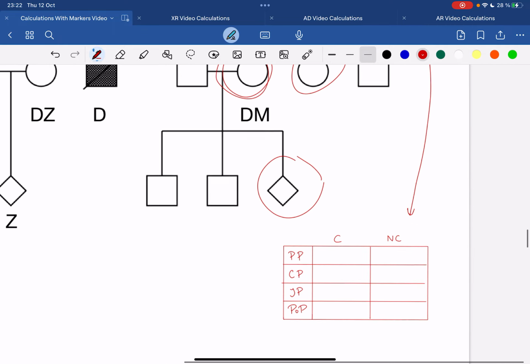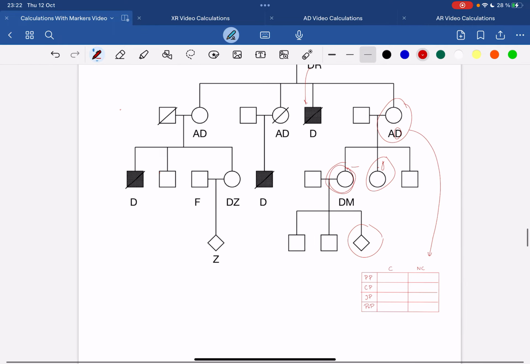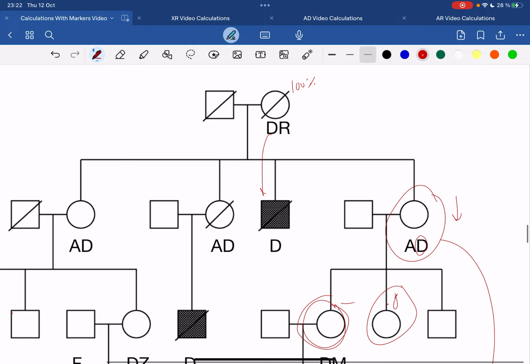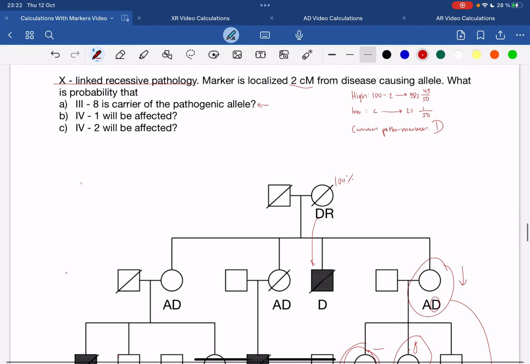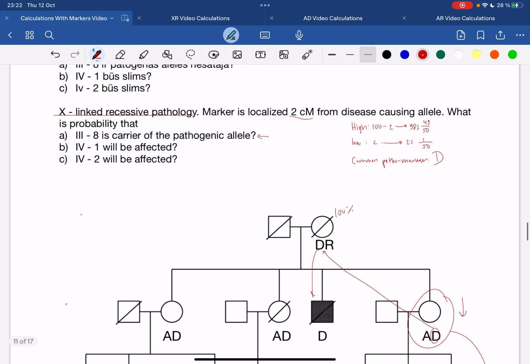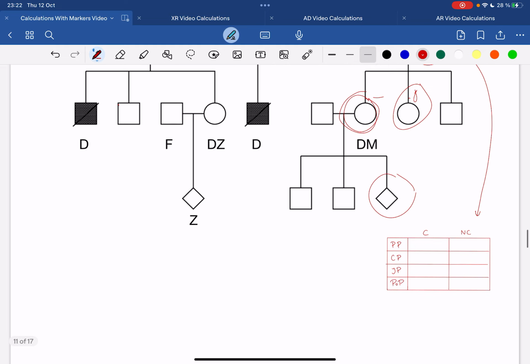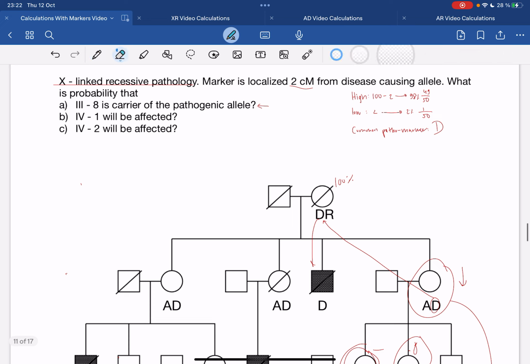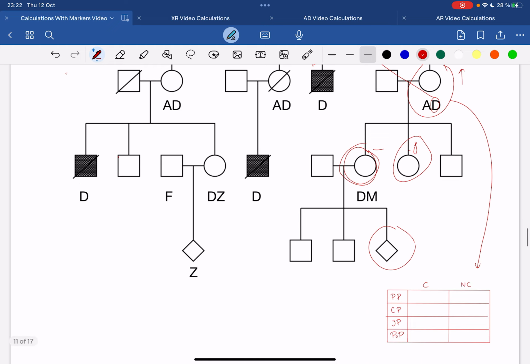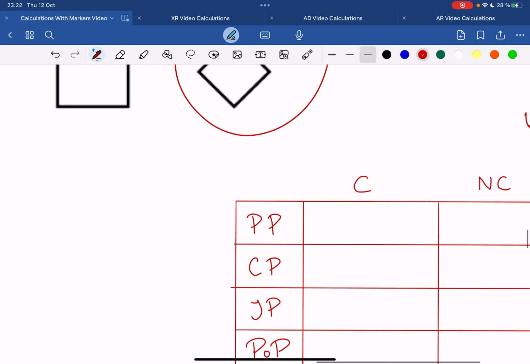Here, so her carrier probability, because it's a low risk, since she does have the marker from her mom, would be 1/50th. Sorry, it's a high risk because she does have a marker from her mom. It's a low risk of crossing over, high risk of her being affected or a carrier. So that would be 49/50 times the chance for her mom to be a carrier, which we know is 1.